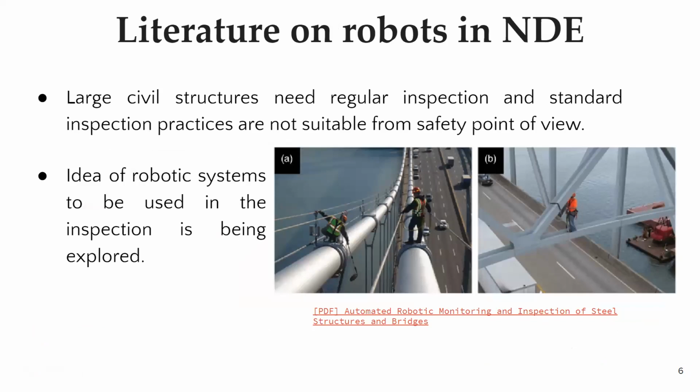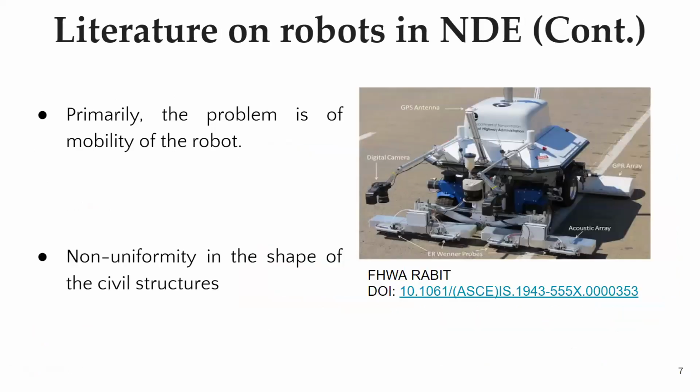Literature on robots in NDE. So the large civil structures need regular inspection, and the standard practices for these are pretty dangerous. And since the advancement in the robotics industry, deployment of robots for this task is being explored and tried. But there are some problems with the hard robots, like mobility of the robot itself, and also the non-uniformity in the civil structure.